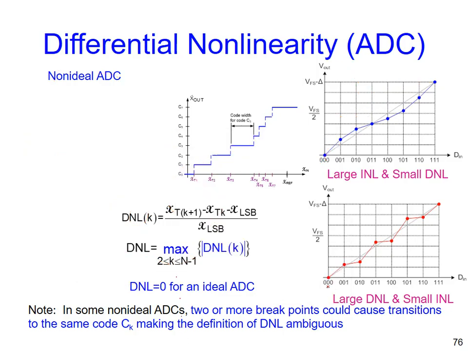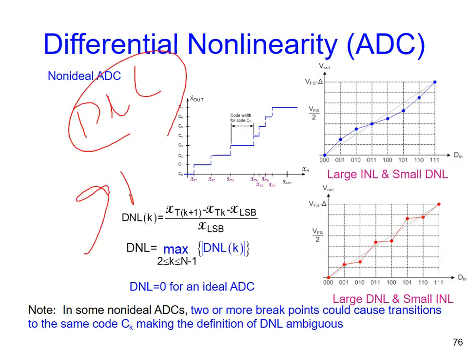So what is the worst scenario for DNL? A group of DNL being positive or negative, that is really bad. Okay? If they are random, oh, congratulations, you can reduce your INL.